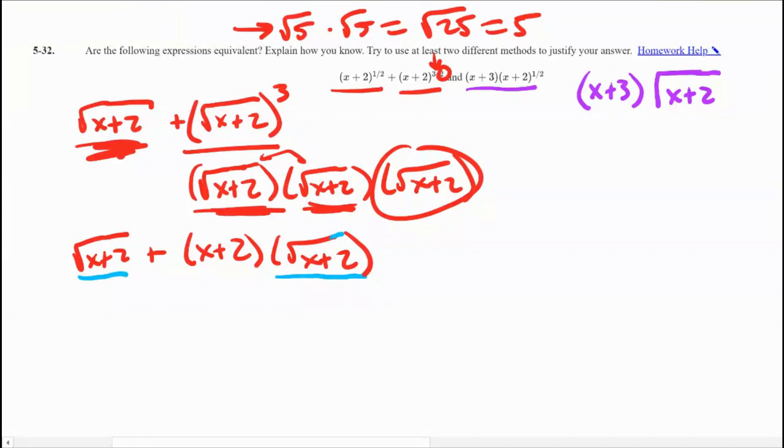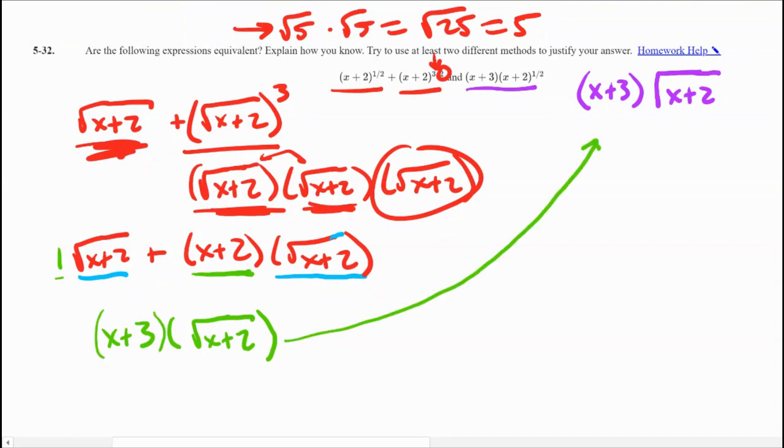These are the things that are the same. And then the coefficient is going to be 1 for this one and x plus 2 for this one. So what I mean by that is I'm adding 1 plus x plus 2. So x plus 3 is what that is equal to, times the square root of x plus 2 when I add those things together. And that is the same as what we started with.